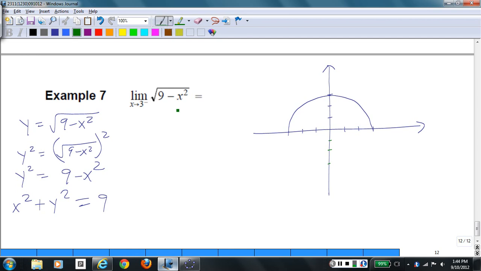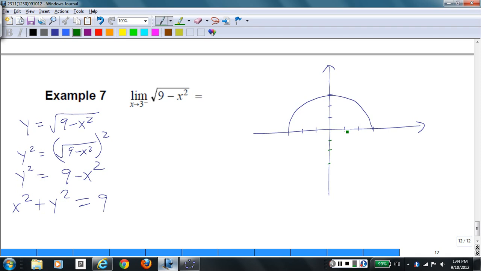As x approaches 3 from the left, well, in this case we have to say x approaches 3 from the left because it really can't approach from the right. Because if we try to approach from the right, the function is undefined at 3.1 and 3.01 and 3.001. It doesn't make sense to approach from the right.